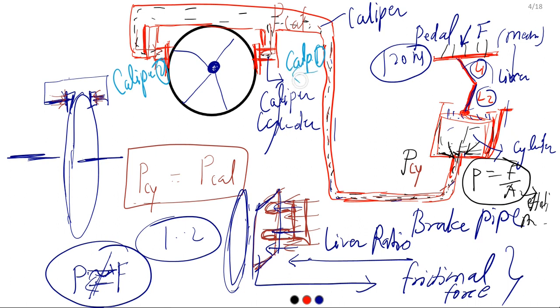So part 1 and part 2, the pressure is acting on both sides. That will generate the force here and here, so the force is multiplied by 2 times. This force which is acting on the disc with the help of the pad is called the frictional force.